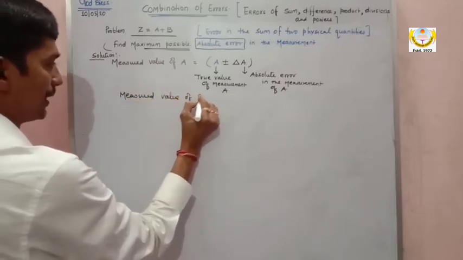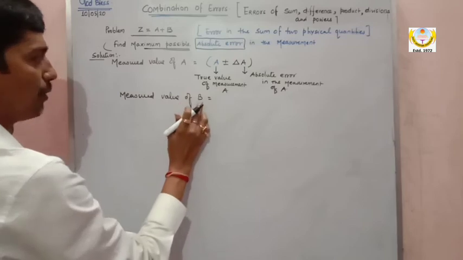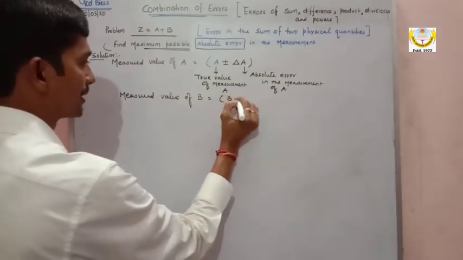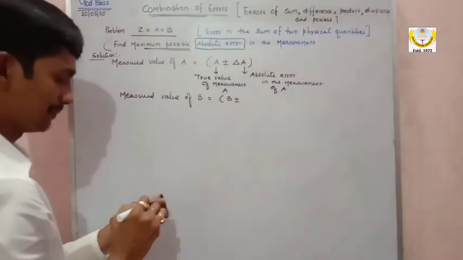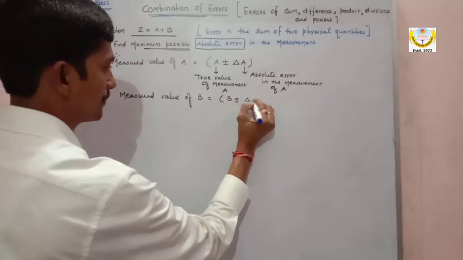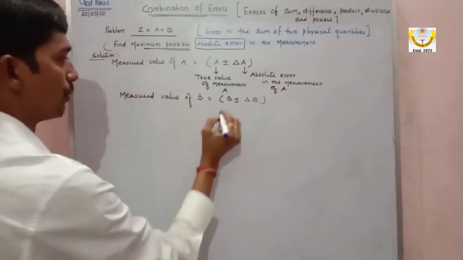another physical quantity, say B, is B plus minus delta B. What is B?